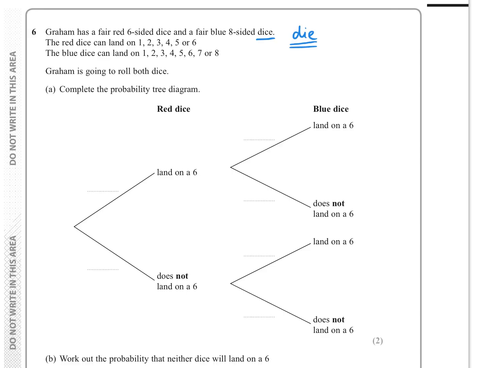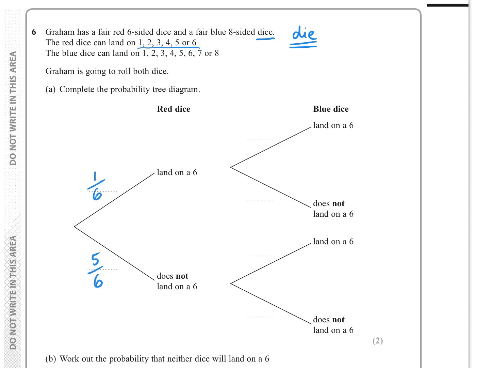Well, to land on a 6 for the red dice, there's going to be 1 in 6 options, so 1/6 of the time, and not landing on a 6 is what makes it sum to 1, i.e. certain that it was either 6 or not 6 together. So if it's 1/6 for landing on it, it's going to be 5/6 not landing on a 6.